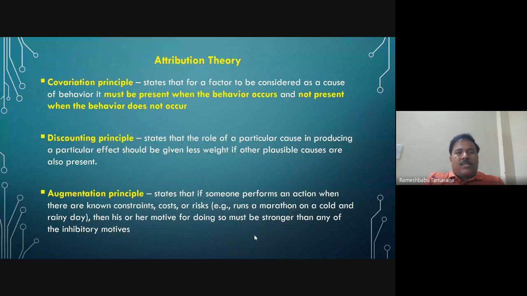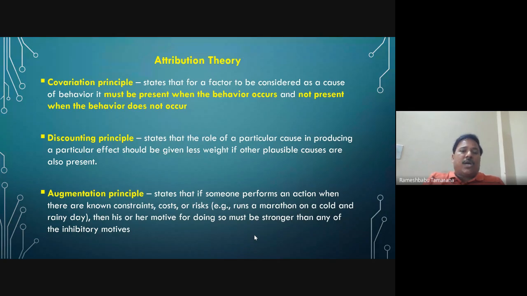While I'm yelling at my own colleagues, probably I have my own motivations or causes to ascribe for my behavior. Similarly, we have something called the discounting principle. It basically states that the role of a particular cause in producing a particular effect should be given less weight if other plausible causes are also present. For example, I am ascribing a particular cause for my behavior, but there could be other possible causes why I behaved in such a manner, to such an extent.